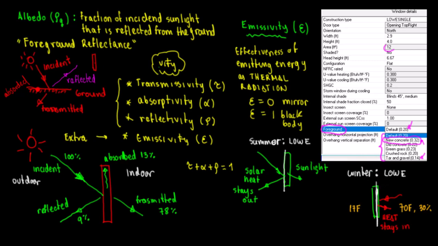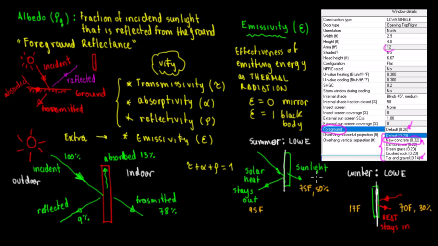The same thing in summer. For example, outside the temperature is 95 degrees Fahrenheit, and indoor we have our indoor design temperature of 75 and 50% relative humidity. Of course the heat is going to try to get in. However, because of this low E coating, not all the thermal energy is going to go in, so it's going to bounce out.